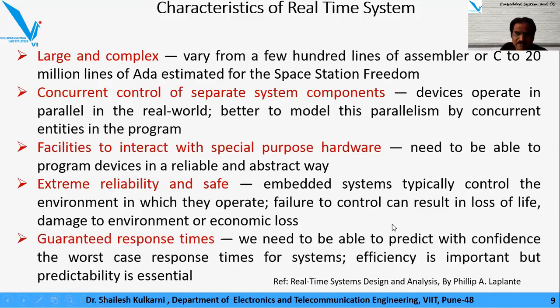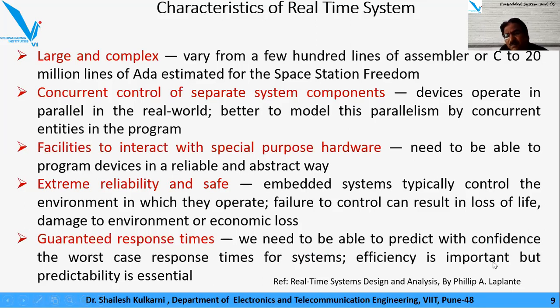Okay, fine. And the last one is the top requirement, the top characteristic. I would say it's the cherry on the cake, where it should give me a guaranteed response time, where we need to be able to predict, with confidence, the worst-case response time of the system.